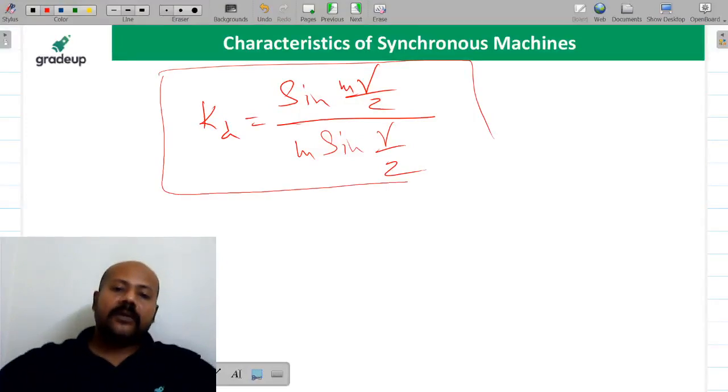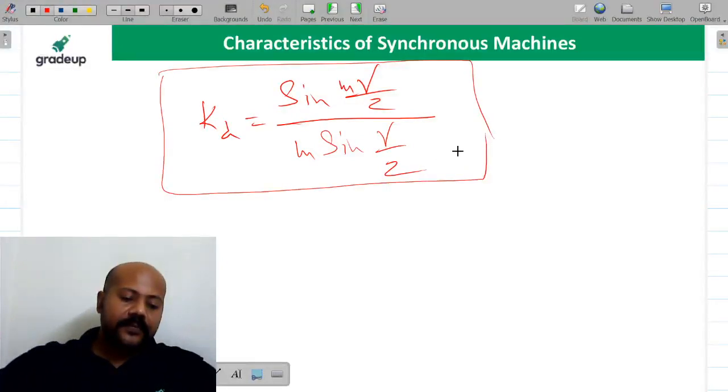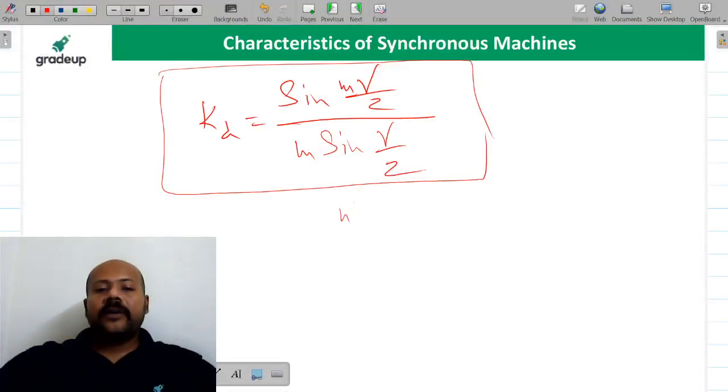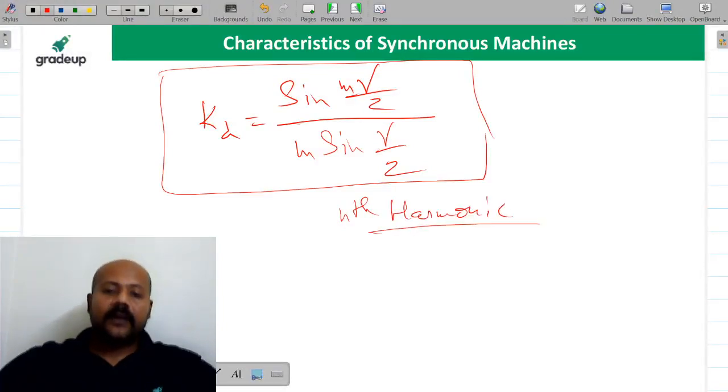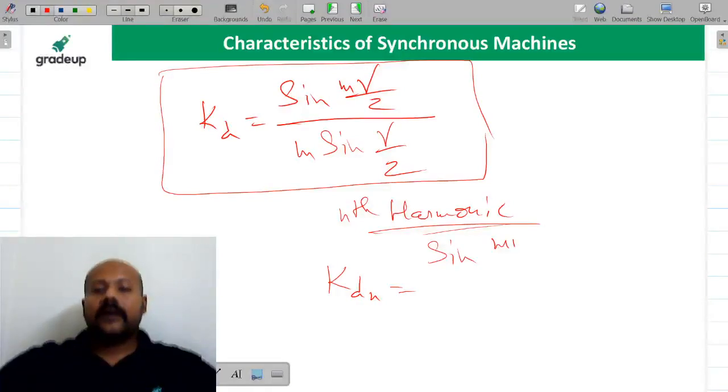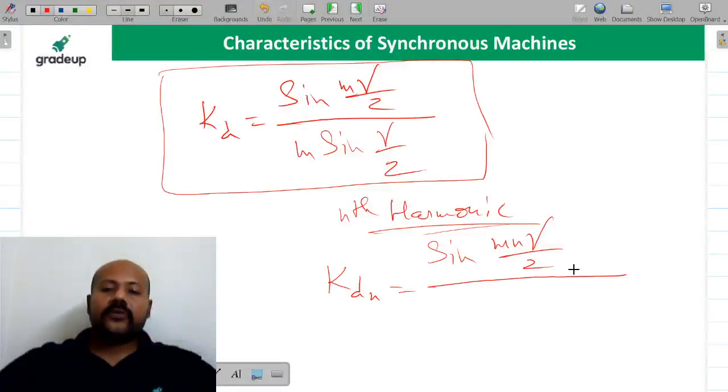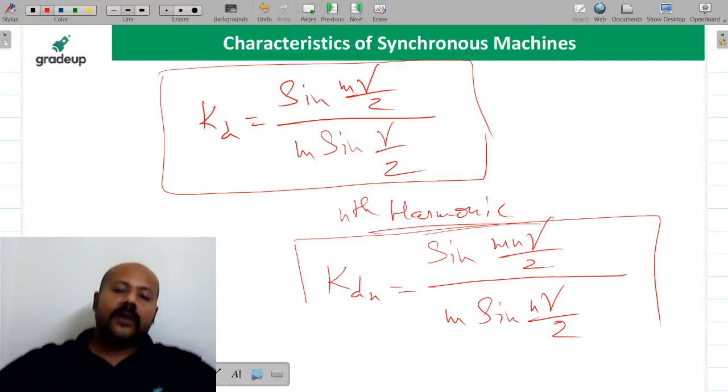I hope you are all aware of that. Now, if you have the nth harmonic, then you can write the distribution factor as sin mn gamma by 2 divided by m sin n gamma by 2. This is the formula we have.